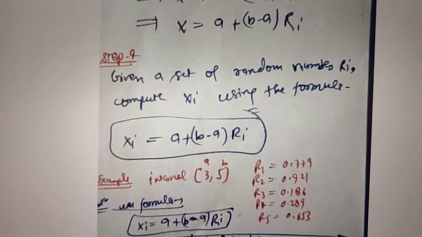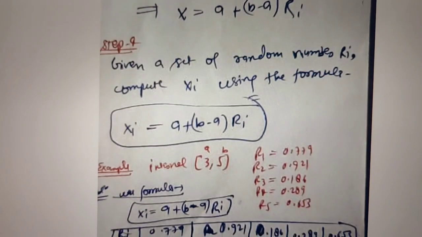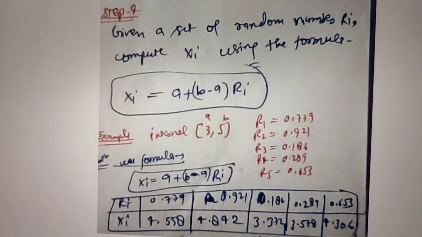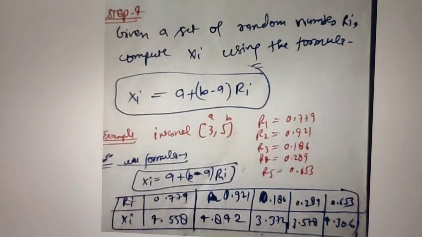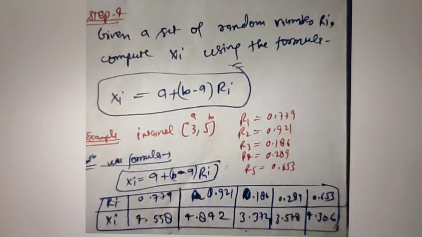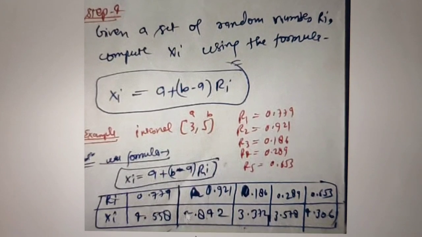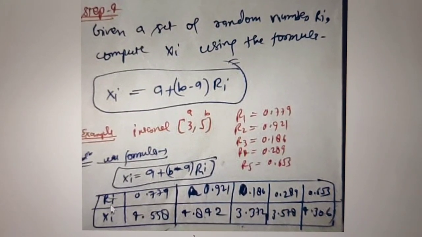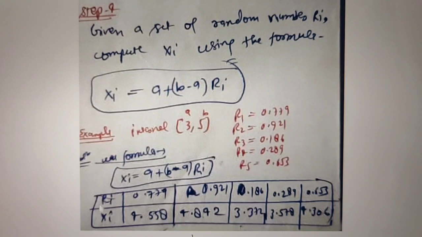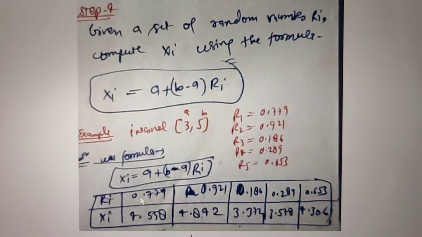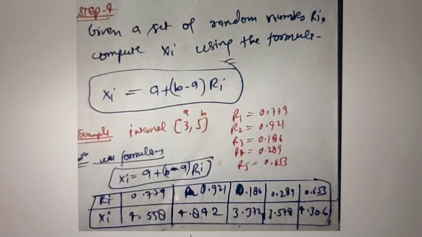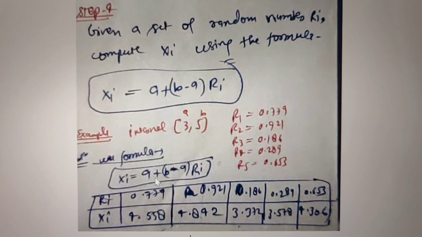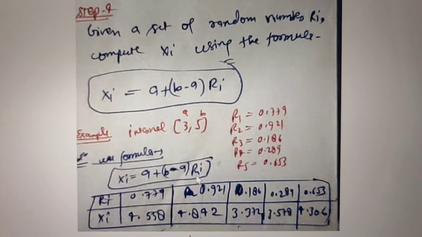I have summarized this in the form of a table, as it would be a long calculation if I went through each step. Here I have taken ri, the respective random number, and the respective random variate. For 0.779, if we put in a equal to 3 and b equal to 5 and multiply, we are left with 4.558.